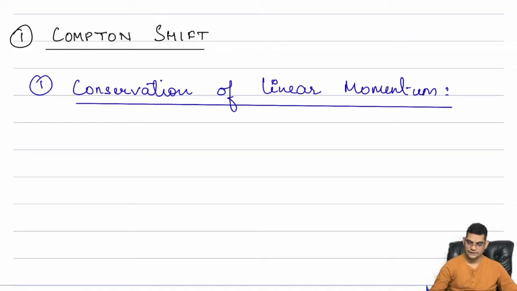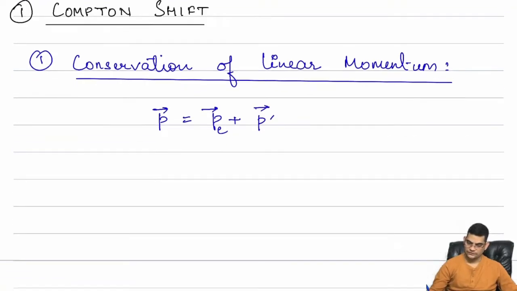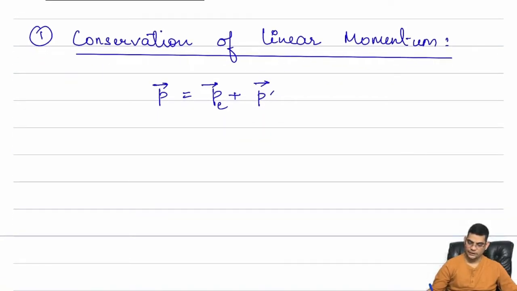So, we can say the momentum of the incident photon is equal to the momentum of the electron plus the momentum of the scattered photon in vector form. From this we can get the momentum of the electron is equal to the momentum of the incident photon minus the momentum of the scattered photon.